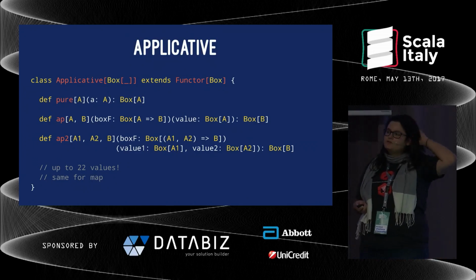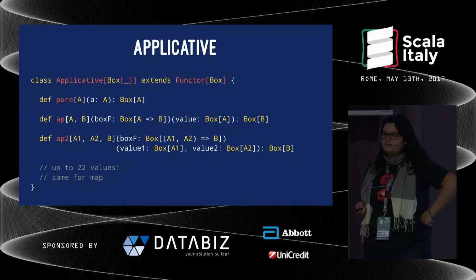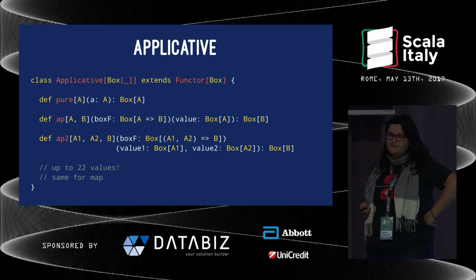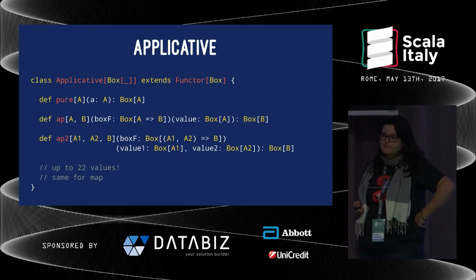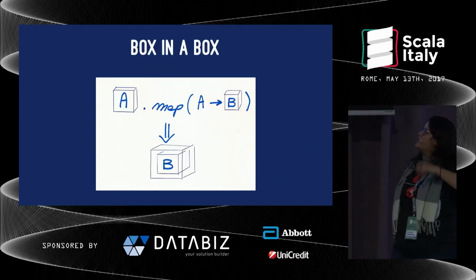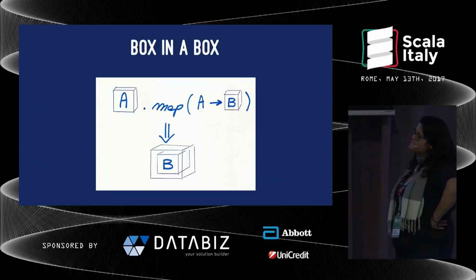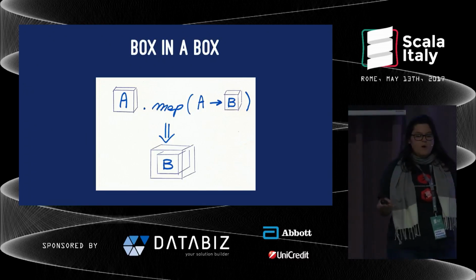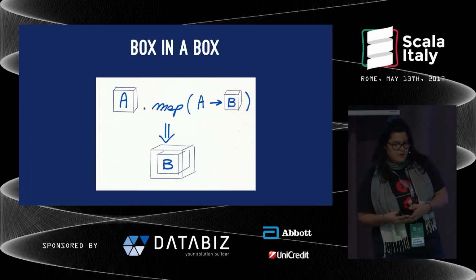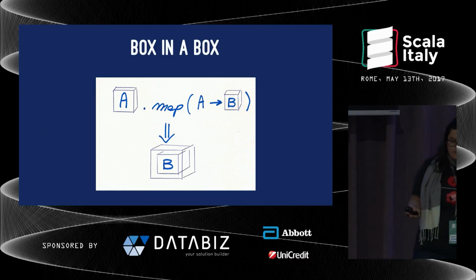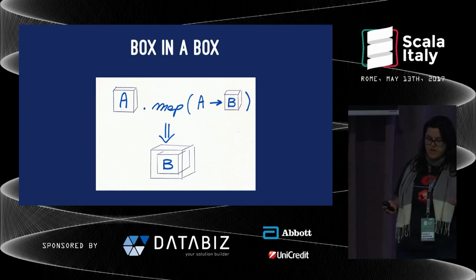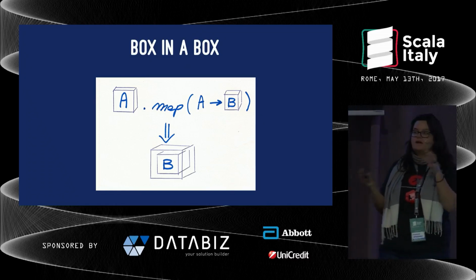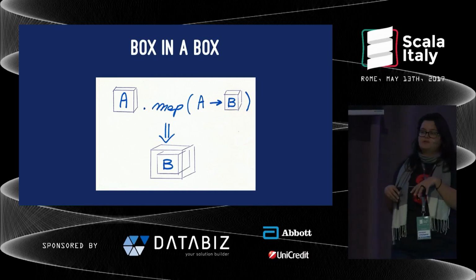Okay, and now the moment that everyone doesn't understand, but it's actually so simple. The rules that we have so far is we know how to build a box, we know how to open a box, and we know how to combine things within a box.